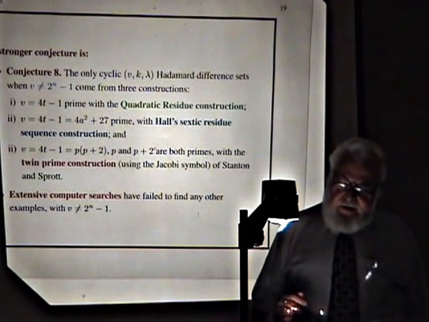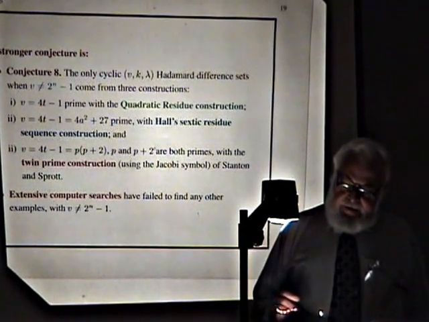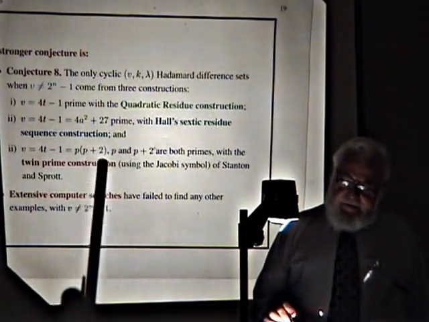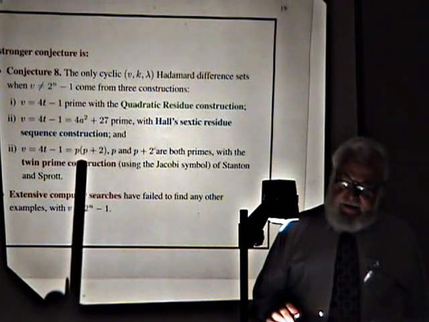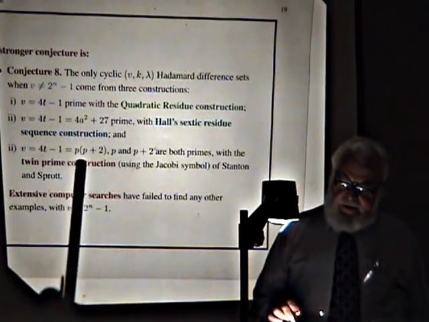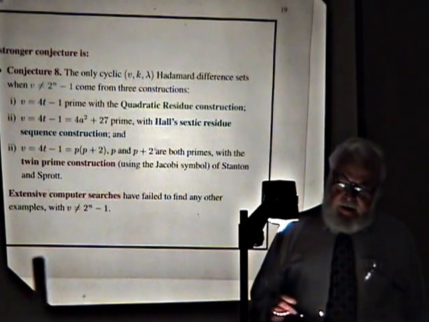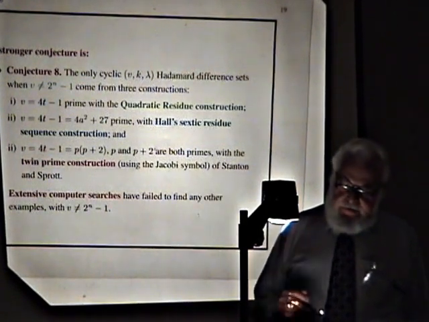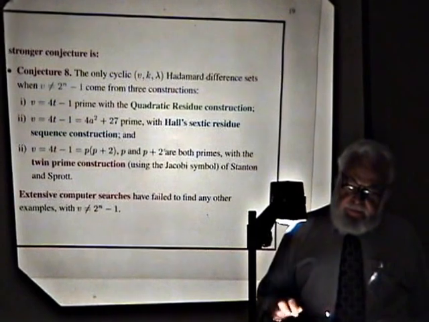It's called the Jacobi symbol, and you get these cyclic shifts of the sequence of period p times p plus 2, which also has two-level autocorrelation.